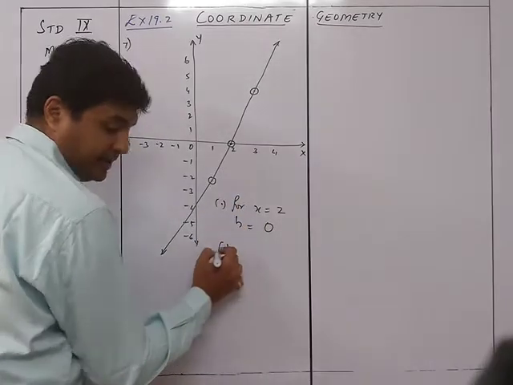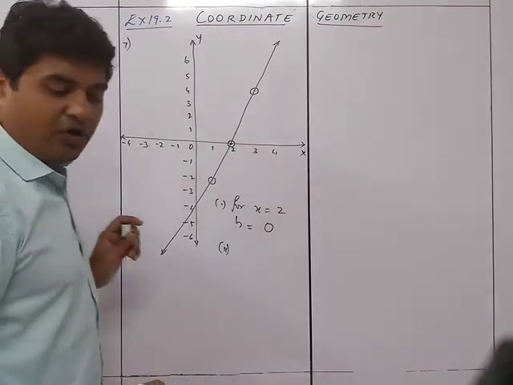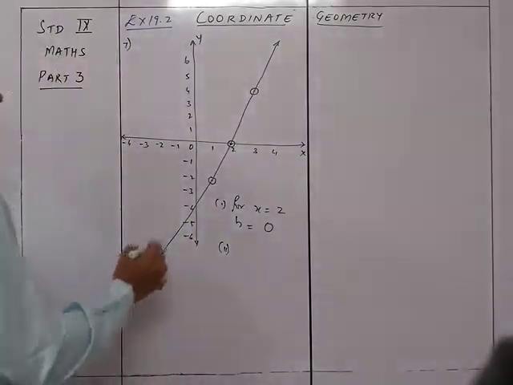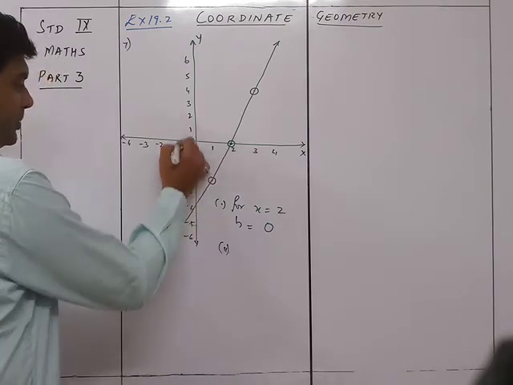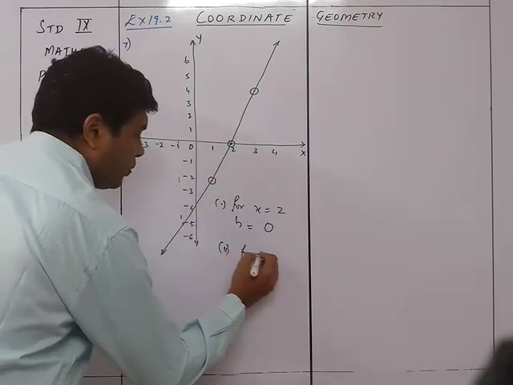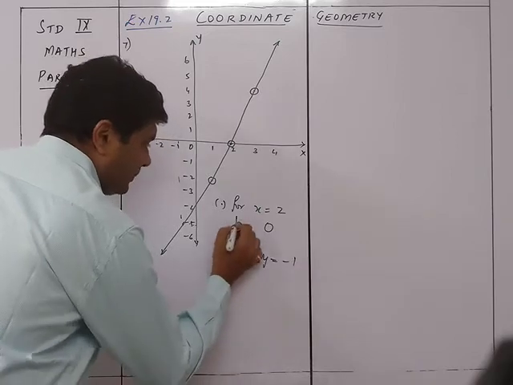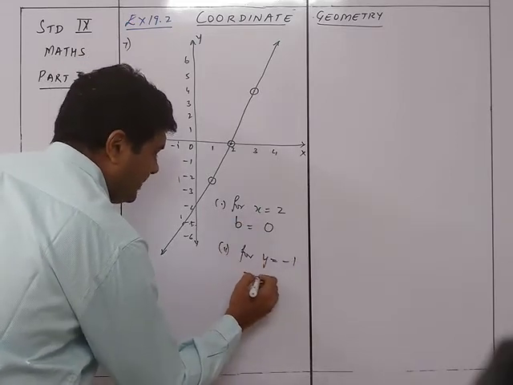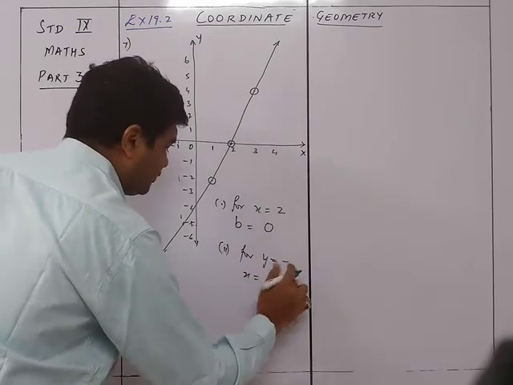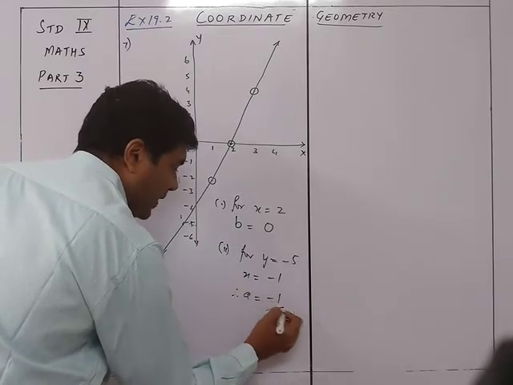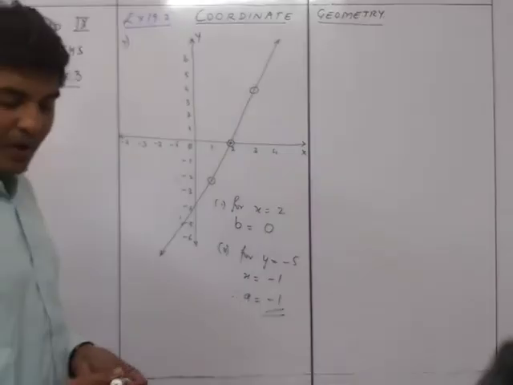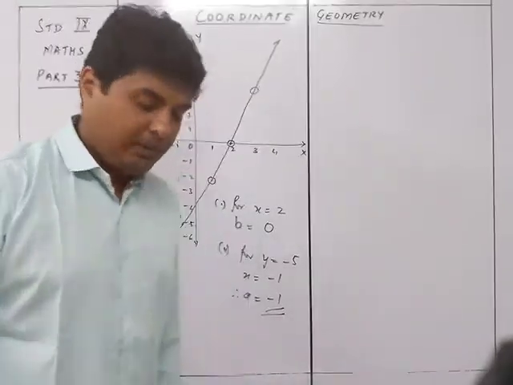The second part is they are given the value of y to be minus 5. So y is minus 5. Taking minus 5 and looking over here, you will find that x will be minus 1. Therefore a is equal to minus 1. So a will be minus 1 and b will be 0.